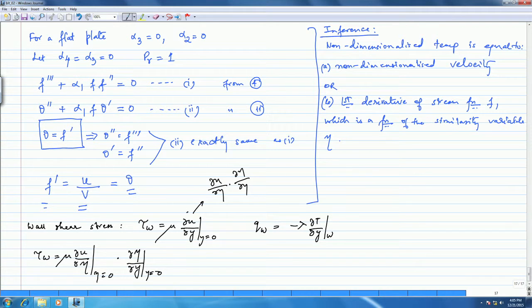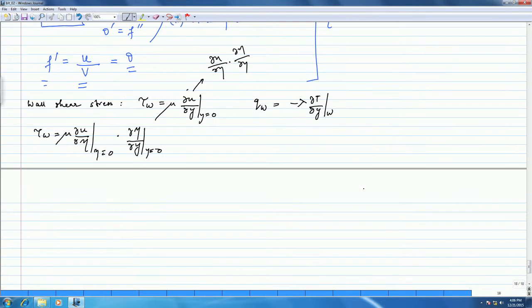Now, f dash is basically equal to u by v, which we just wrote here. This is something that we know.